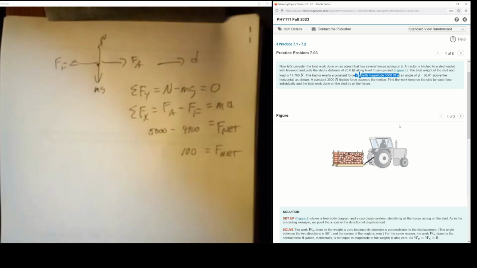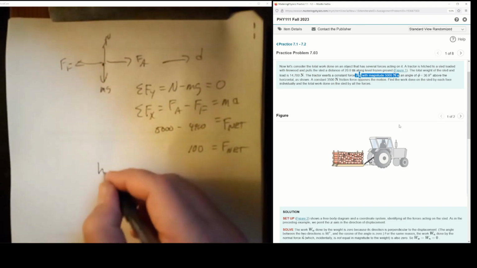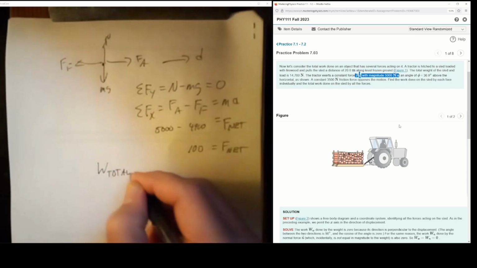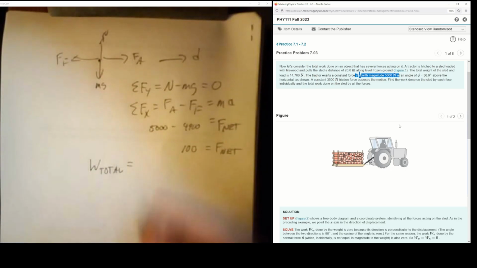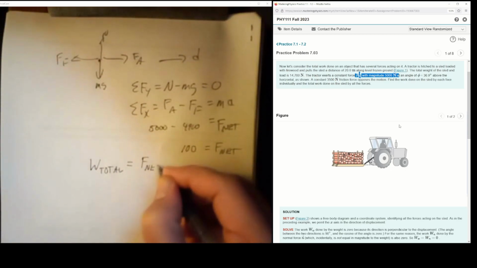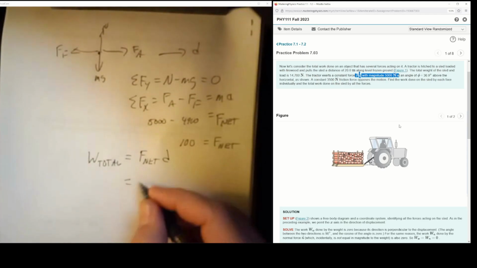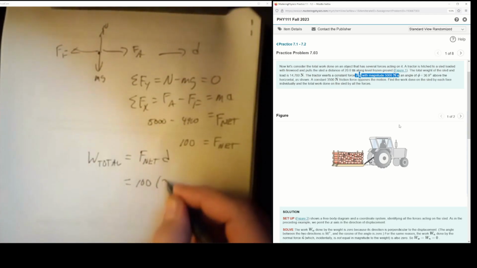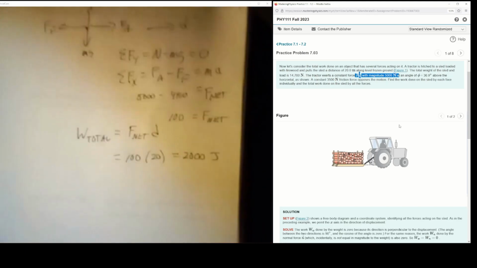That's the net force. When we have the net force, we can then go right to what the total work done is, because the total work will also equal the net force times your displacement. Our net force is 100. We're doing a displacement of 20, and so we get our 2,000 joules again.